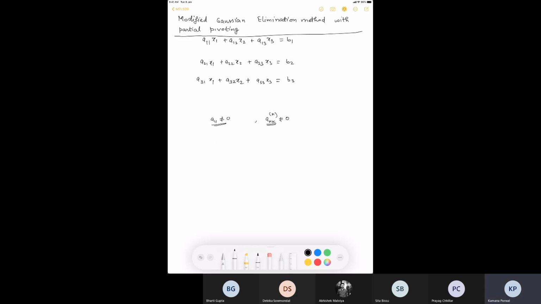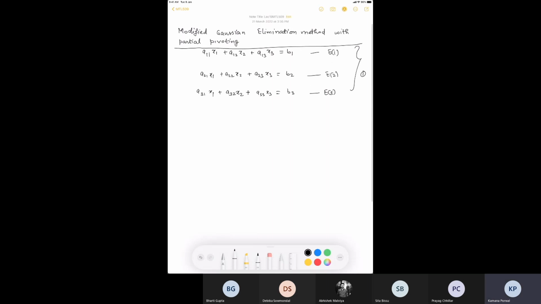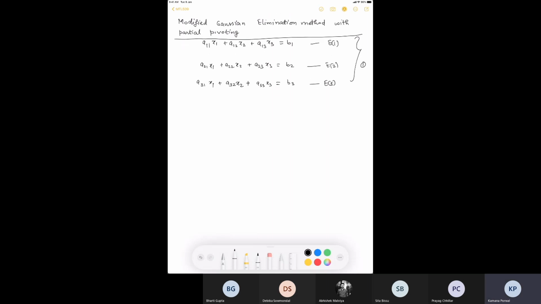So I'm going to explain it for this 3 by 3 system again, and the same idea can be extended to any general n by n system. So let's call this system 1, and I'm going to call this E1, this E2, and the third equation E3. Note what we want: if we want to apply Gauss elimination, we will be dividing by this coefficient A11, right?